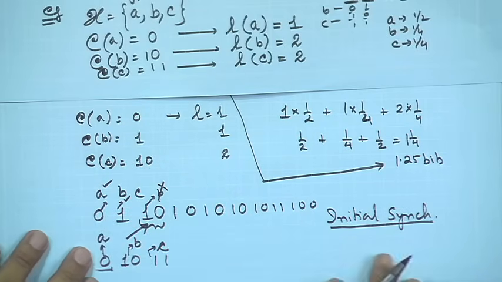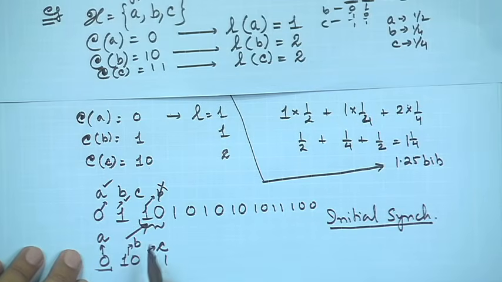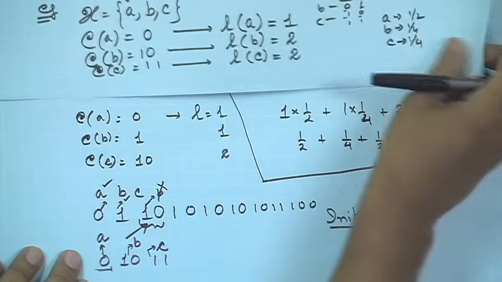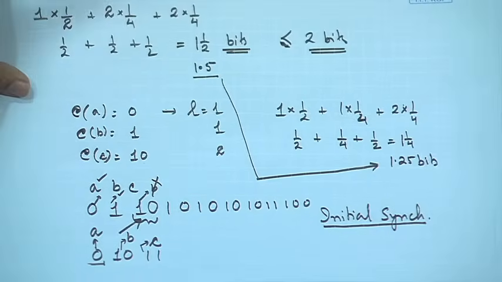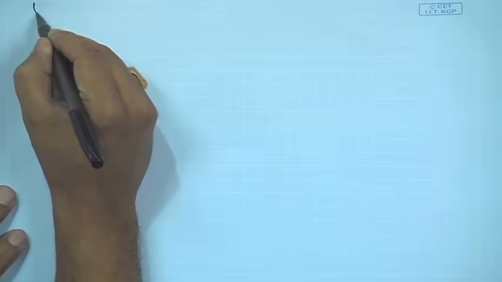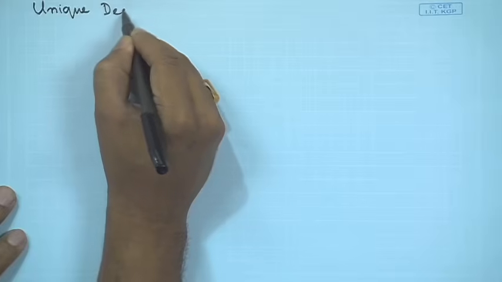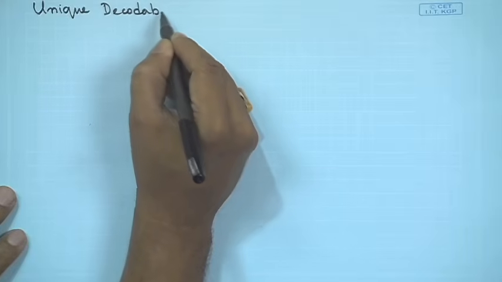Therefore, we can say that there is a decodability issue with this particular code, and this gives us the need for defining something known as unique decodability.